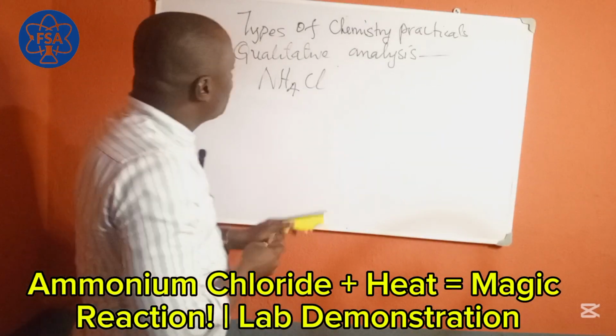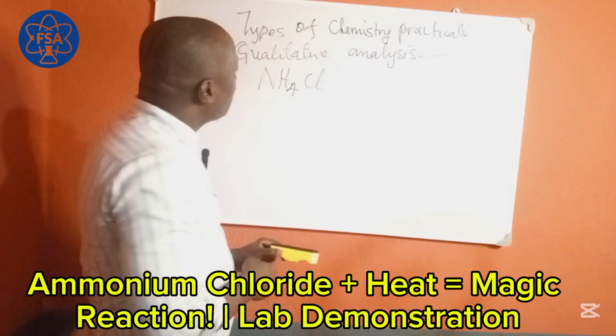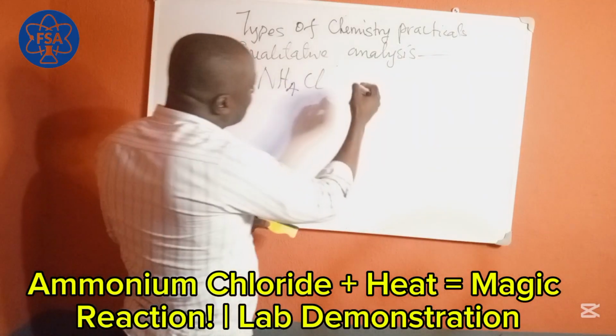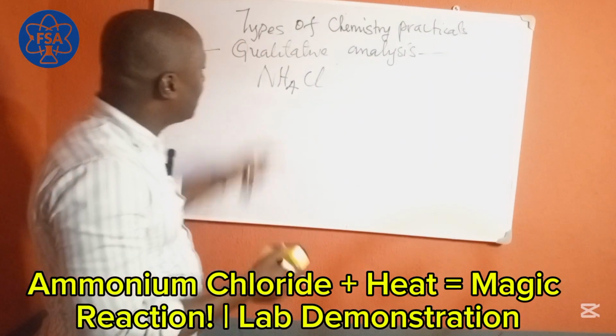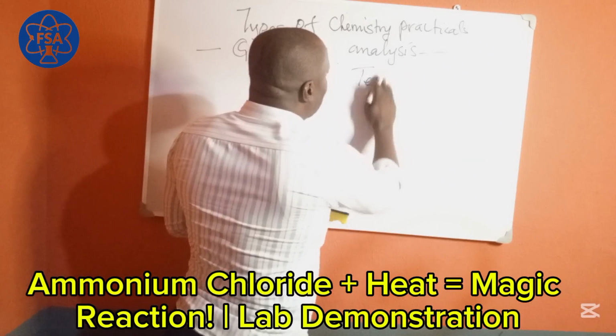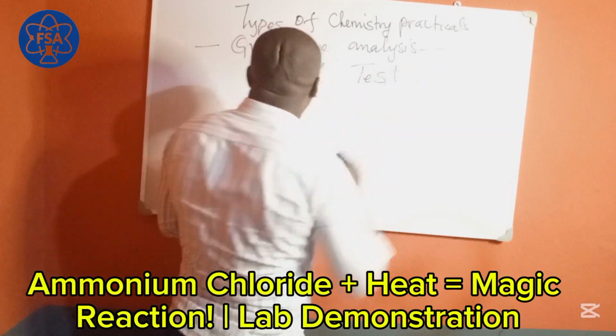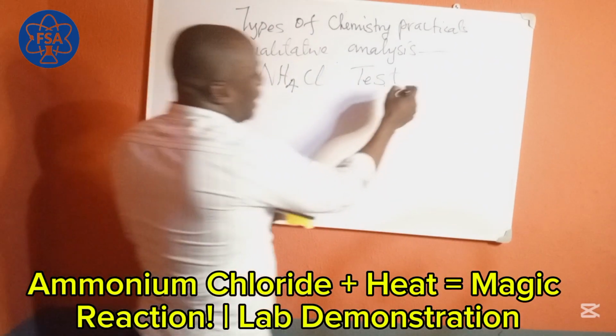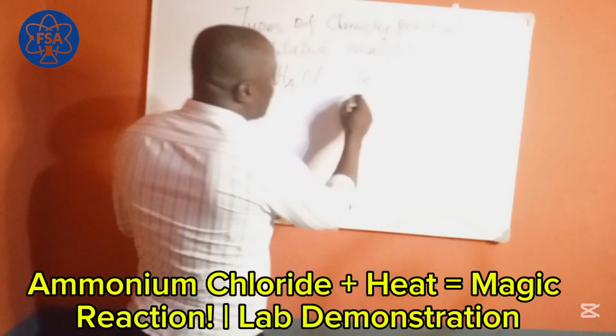If we are using ammonium chloride and we want to check it, we are going to look at the test. If we are testing this particular compound, in the laboratory we use our test tube.